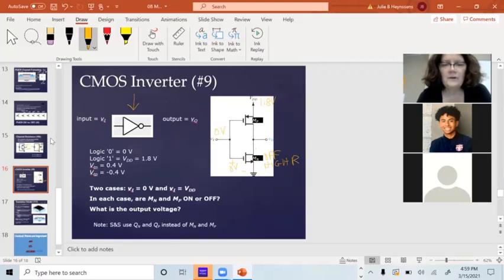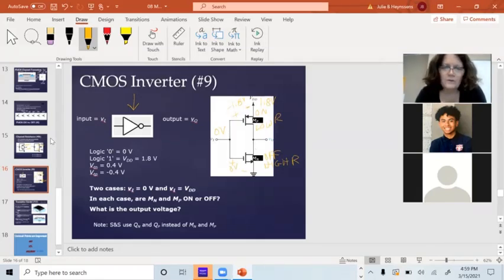If I put 0 volts on the gate of my PMOS, now my VGS across here is negative 1.8. So this is on. It's a low resistance. And if I go back to my voltage divider rules, I've got VDD tied up here.